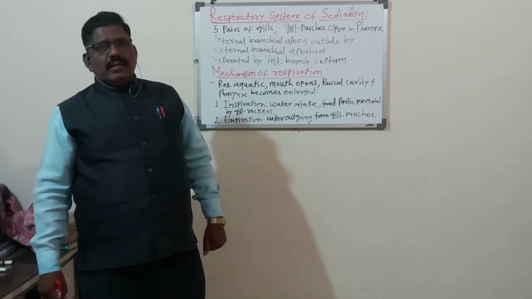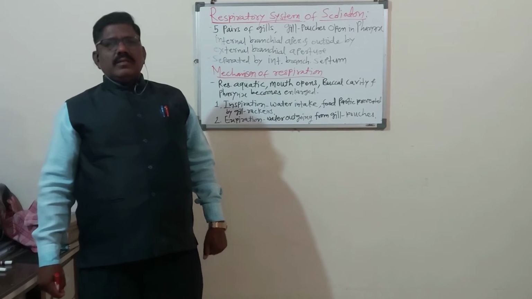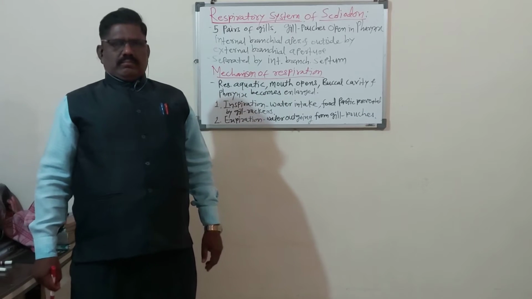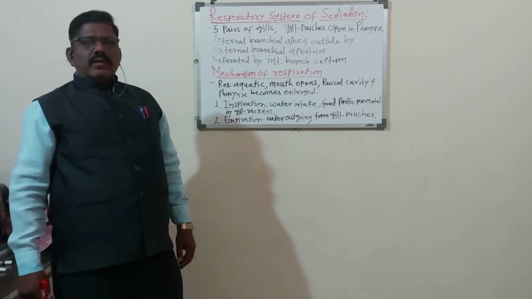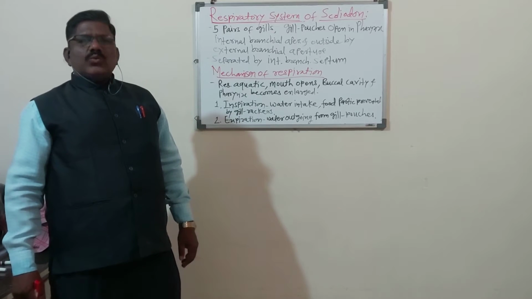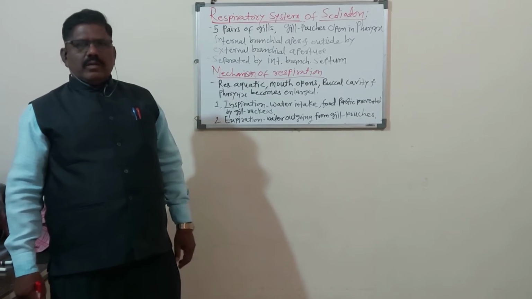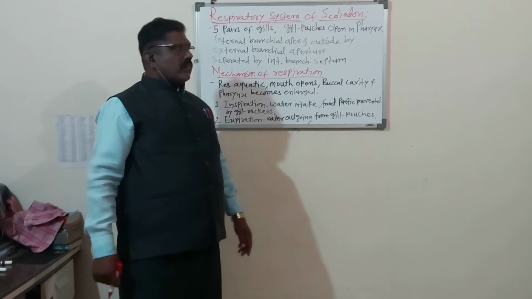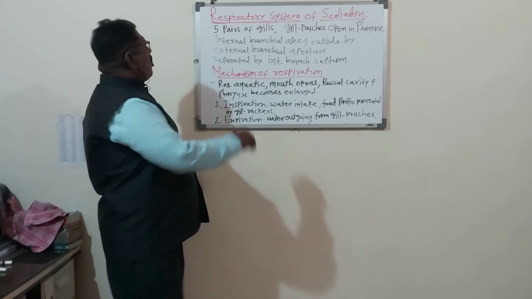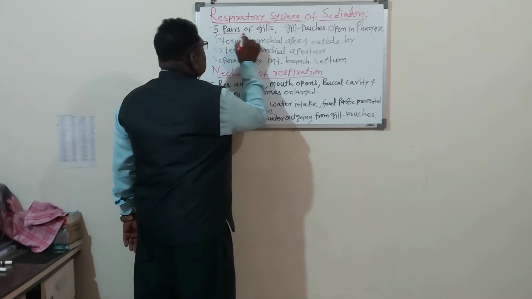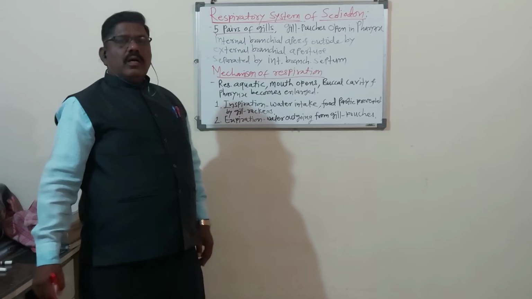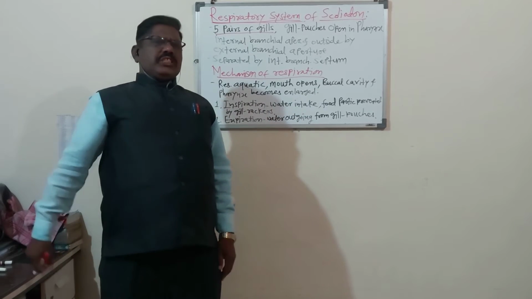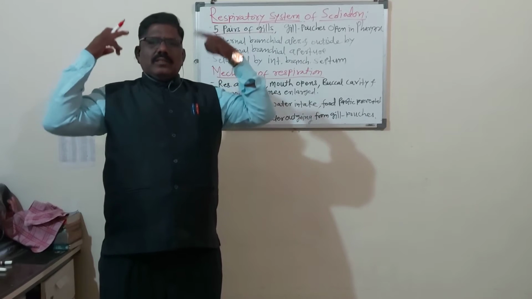So here the respiratory system is in aquatic media, means respiration is with the help of gills. The respiratory organ in this animal is the gills. In Scoliodon there are 5 pairs of gills at the sides of the pharynx.